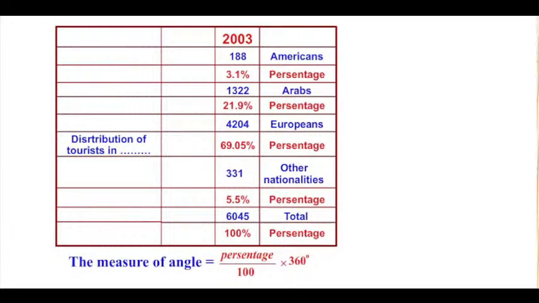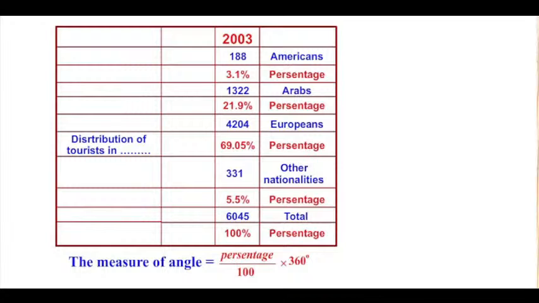2003. 188 Americans represents 3.1%. 1,322 Arabs represents 21.9%. 4,204 Europeans represent 69.05%. 331 other nationalities represent 5.5%.